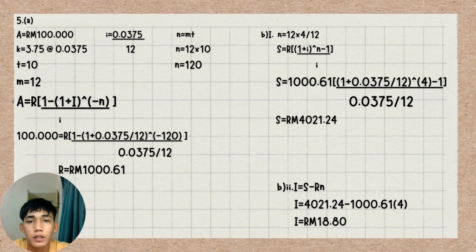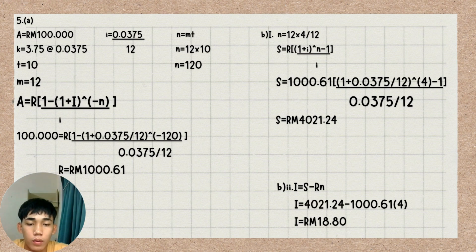Okay, let's move to 5B Roman 1. The question asks to find the payment required for her next installment to maintain her payment schedule. From the question, we know Adrina has lost her job for 3 months. That means she didn't make installment payments for 3 months.